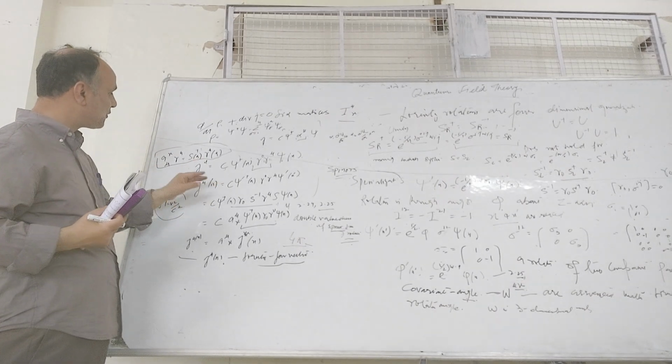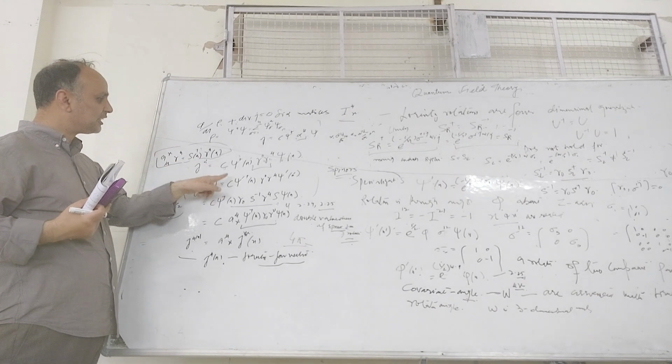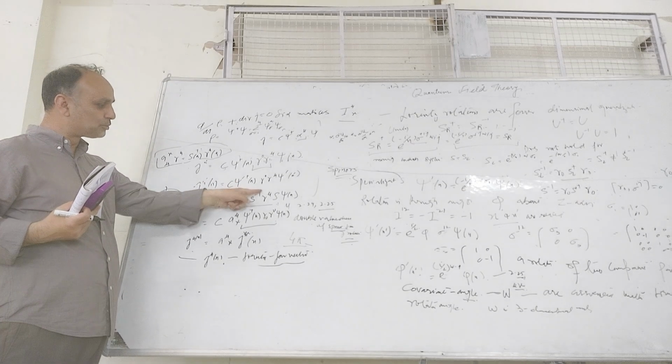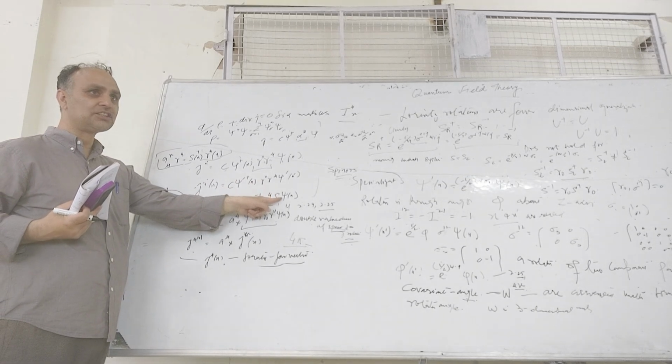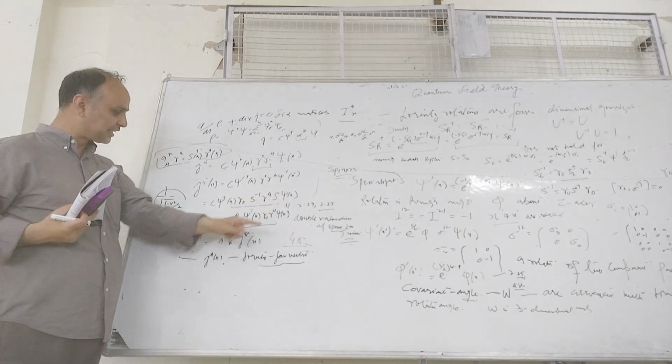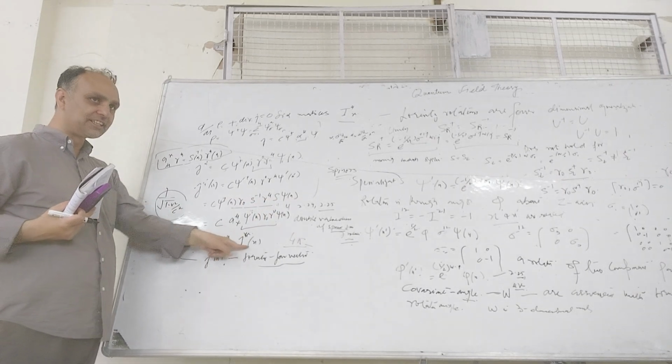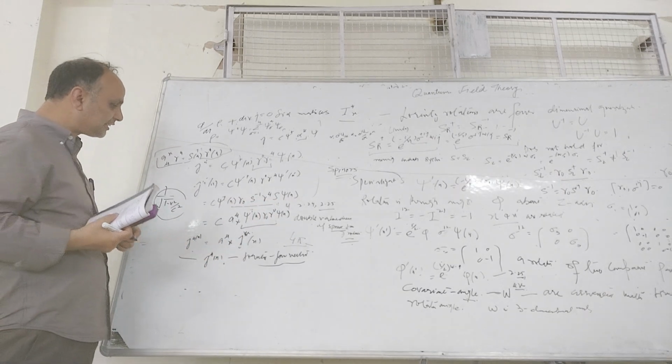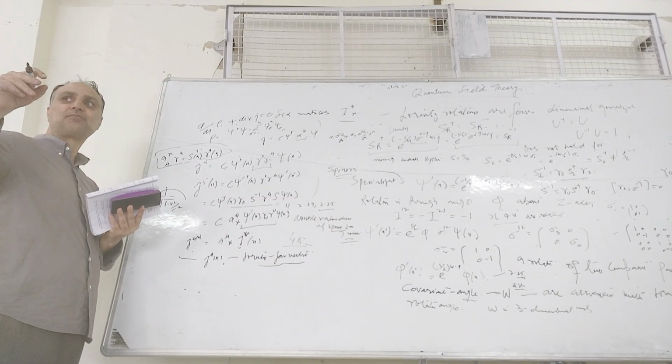At the end, if we write this current density in terms of psi and psi dagger and these S matrices, which are 4 by 4 matrices, the current density may have space-time variables.